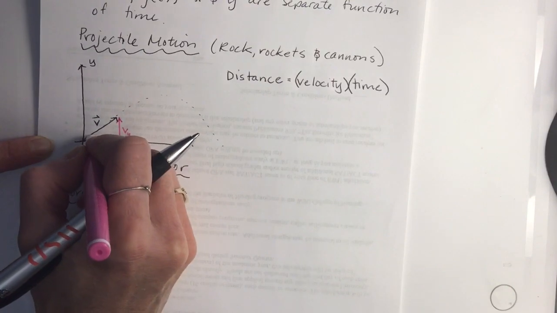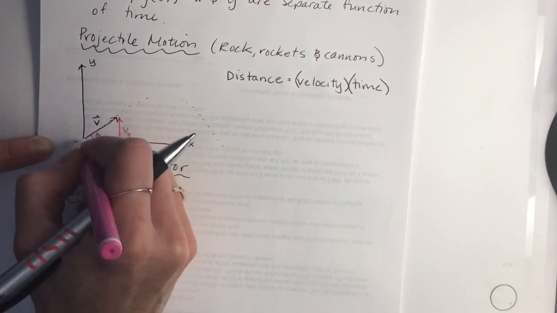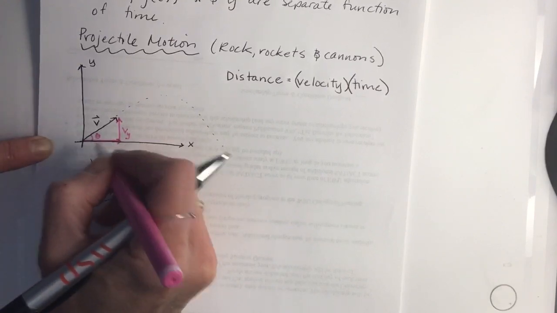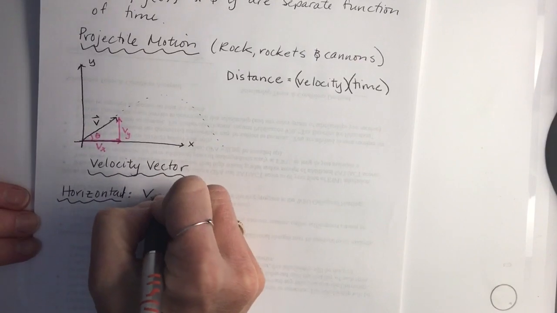And if we know this angle, right, we can split this vector into its two components, its horizontal component and its vertical component. You guys remember how to do that.